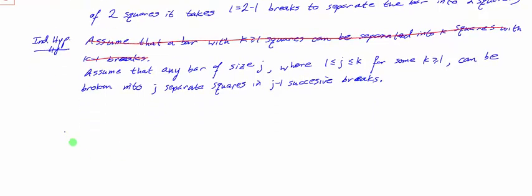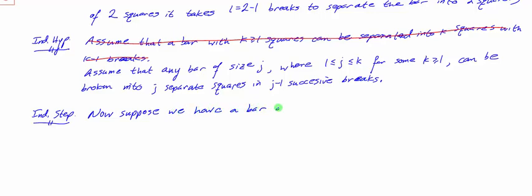And now, when we look at our induction step, we're going to start with a bar of size k plus 1. And let's say it this way, we have a bar with k plus 1 squares.